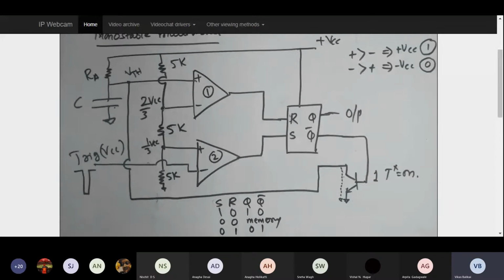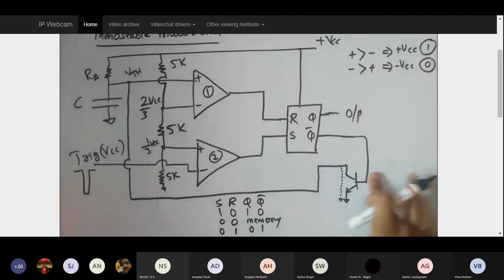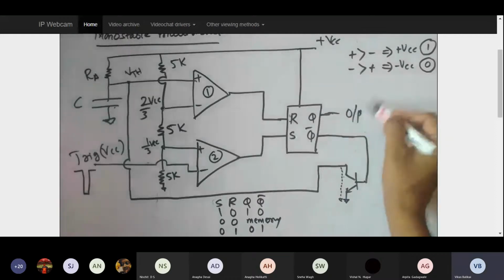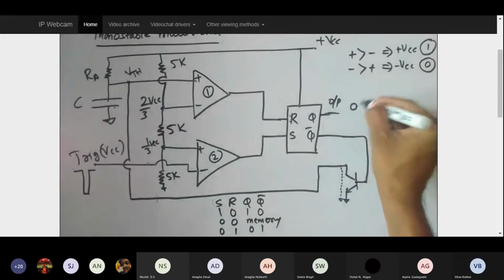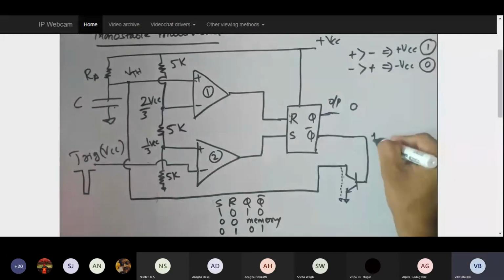Fine. So initially, when we start the operation of this entire monostable multivibrator, at that point of time, we assume that the output is 0 right when the operation starts. And if this is 0, Q bar will automatically be 1.